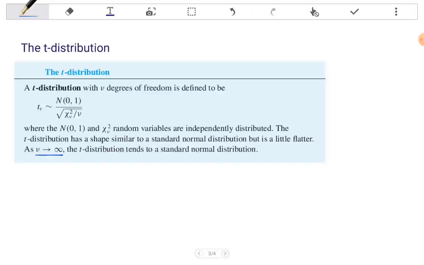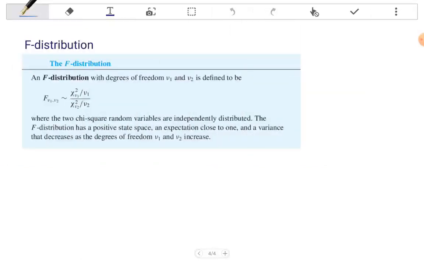Okay, and finally, the F distribution. The F distribution is the ratio of two chi-square random variables which are independent. And what do we know about this F distribution?